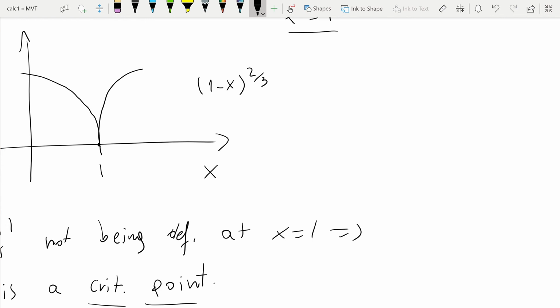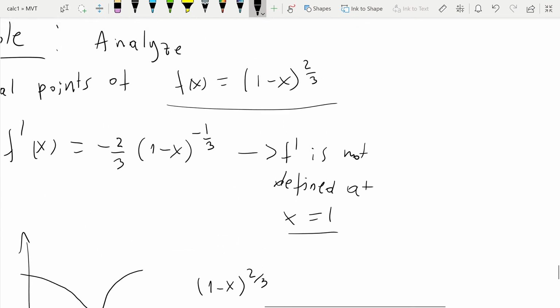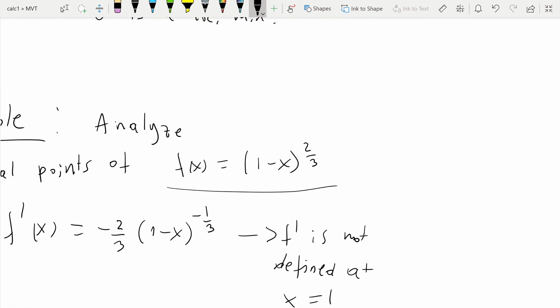And you can never take on a smaller value than 0 because the original function, 1 minus x to the 2/3, is the same as 1 minus x to the 1/3, squared.